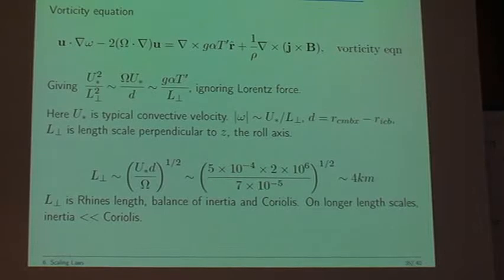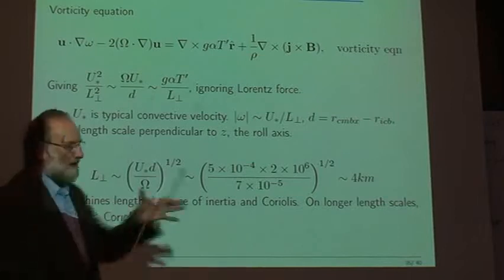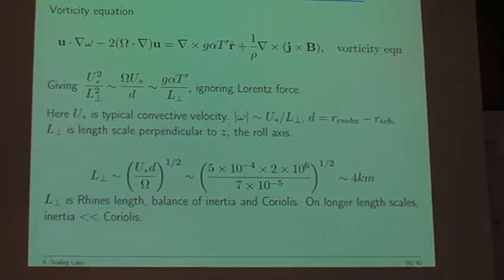So D is something like 2,000 kilometres, and L perp is the direction across the rolls, which might be of the order of, well, we don't really know to be honest, but some tens of kilometres. So then we get a balance like that.